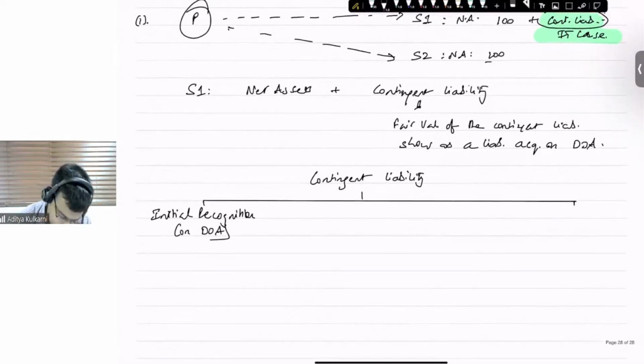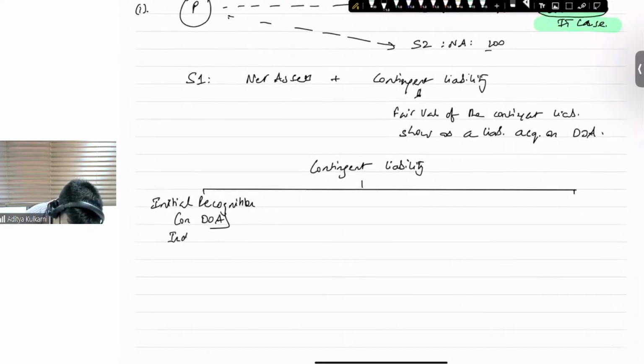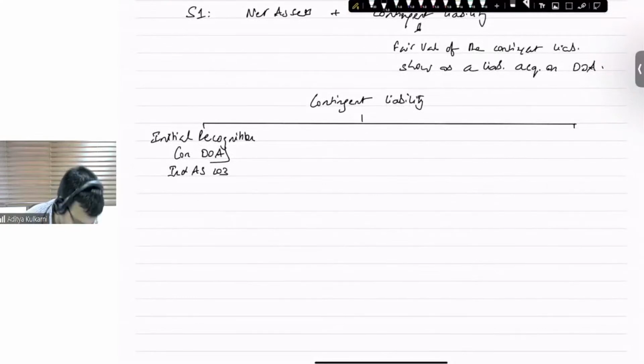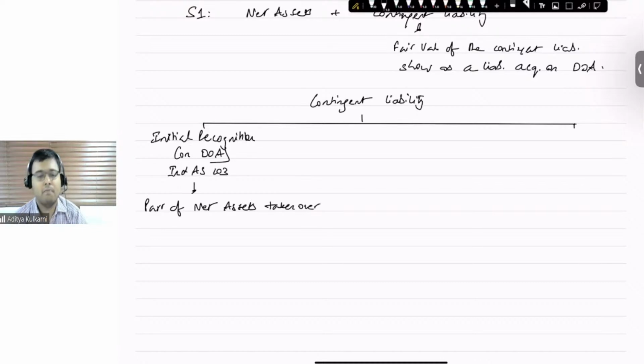I will apply Ind AS 103. Part of net assets taken over. That is step 4.